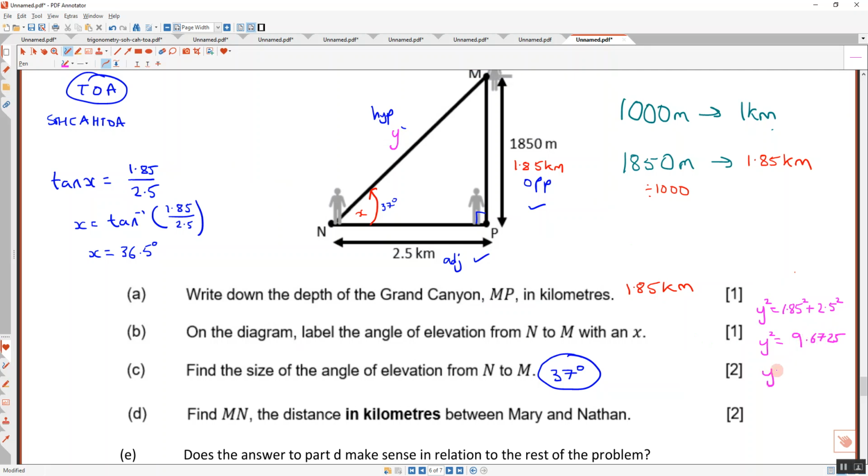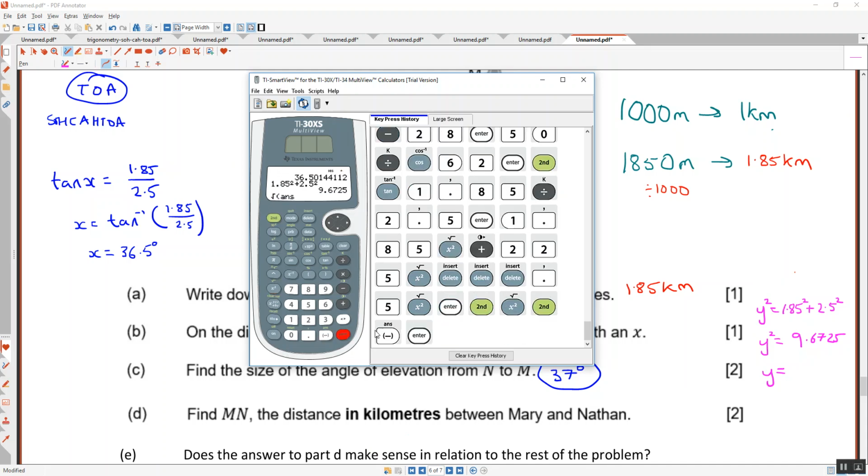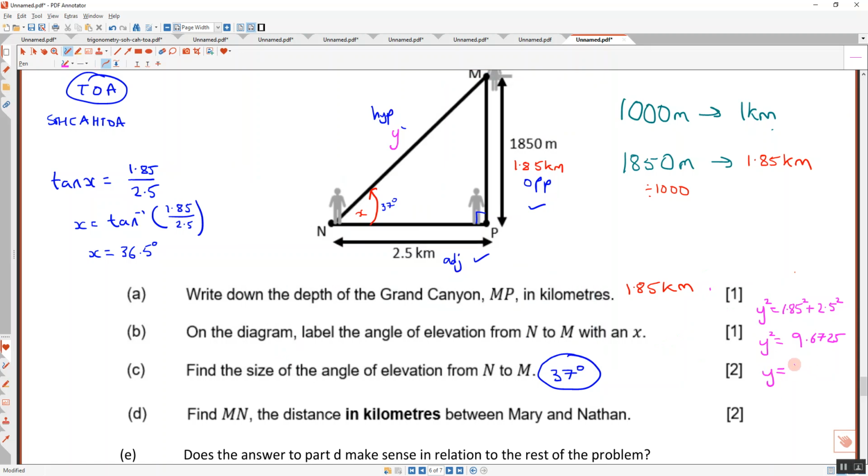Find the square root. Square root of my answer, 3.11. And our answer is in kilometers.